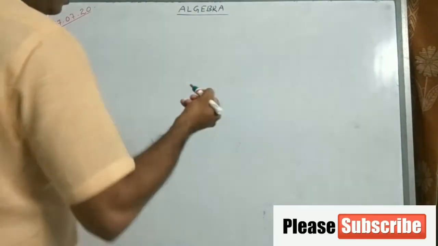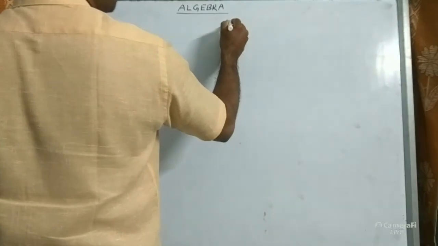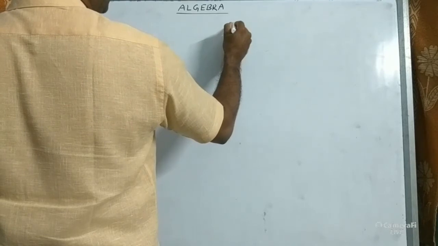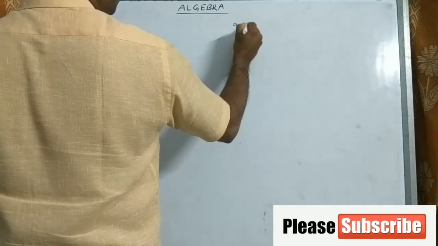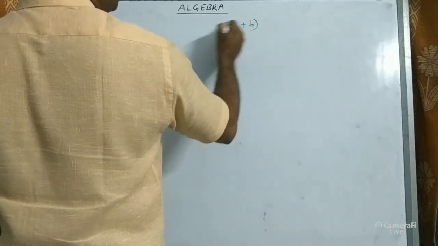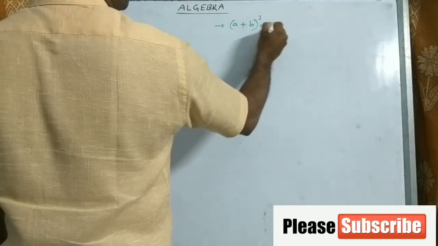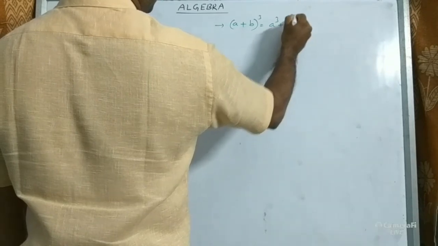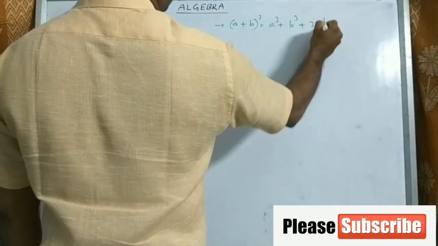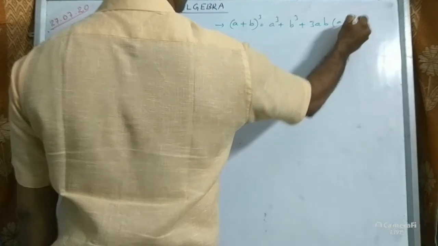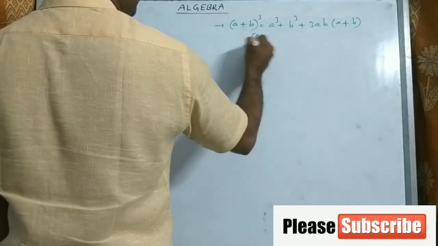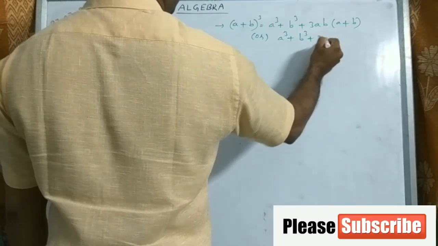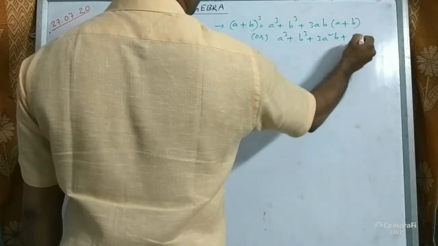So we have seen so far these algebraic formulae. Already I told you a plus b whole cube, right? What is the formula? A cube plus b cube plus 3ab into a plus b, or we can write a cube plus b cube plus 3a square b plus 3ab square.